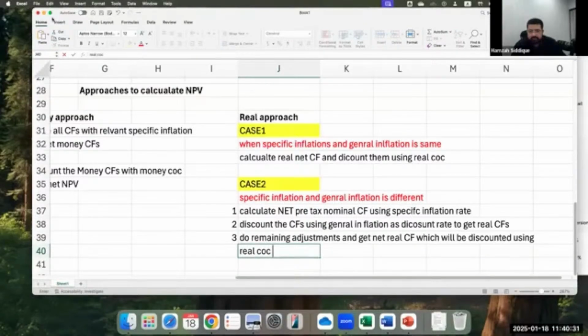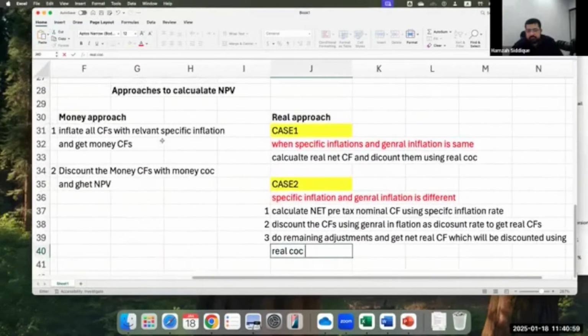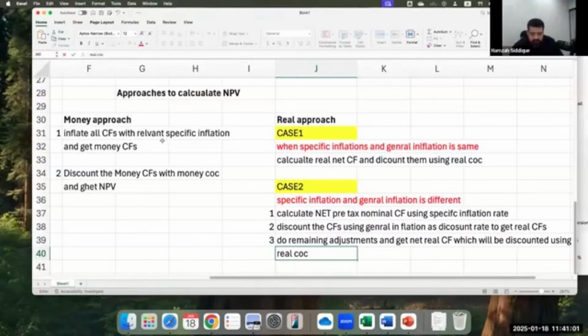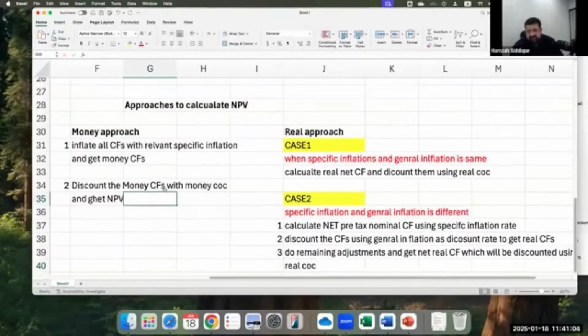Simple. Note down. We will practice. These are the methods, basically.